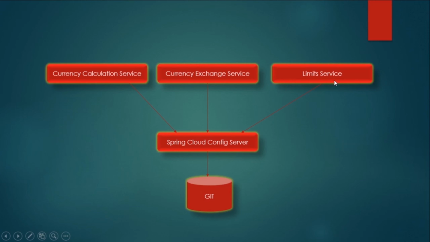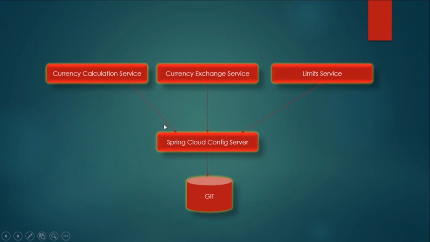Currently, we are using this limits microservice. In the future, we will be making the currency exchange microservice and the currency calculation microservice. All these services will have different kinds of environments, and all the environment properties will be stored in this one common location, that is Git. And everything will be talking through the Spring Cloud config server.